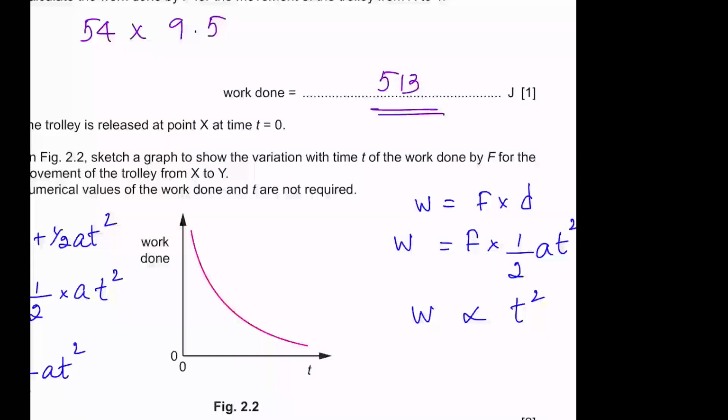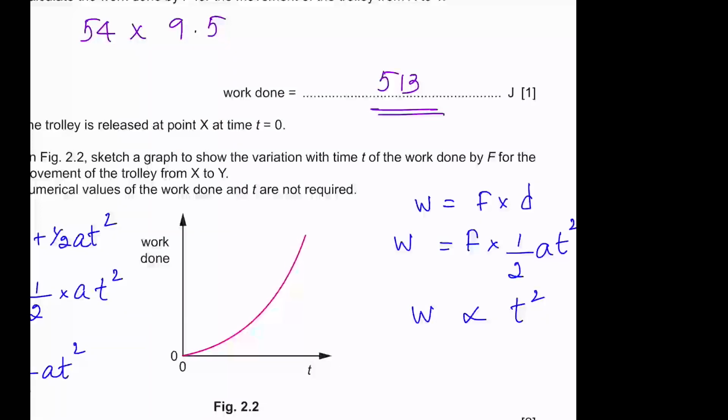This is W proportional to 1 over t, or W inversely proportional to t. That is the inverse proportion graph. What is this? W is proportional to the square root of t. Okay. So what is W proportional to t squared? That is this.